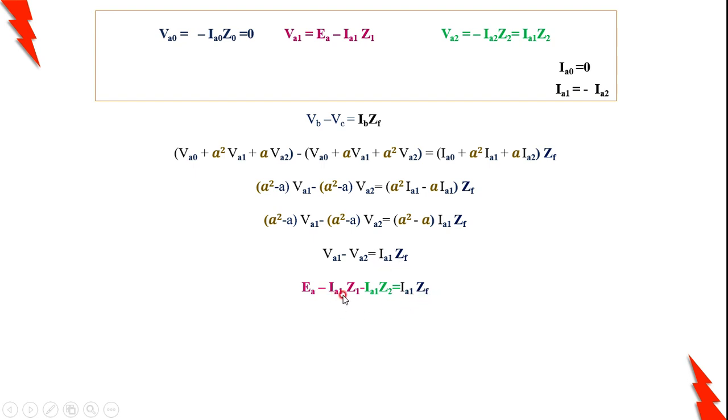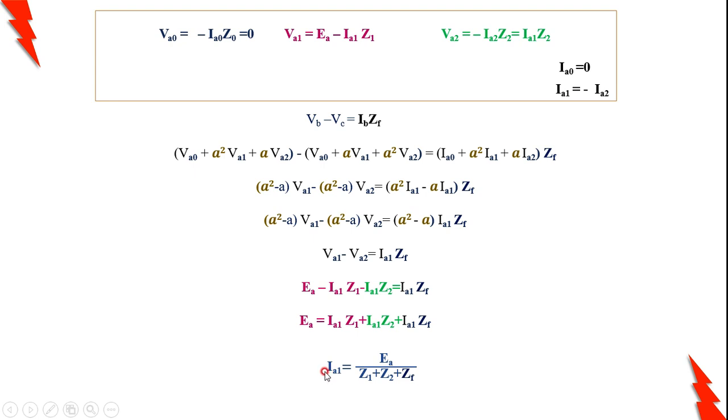Here you can transfer IA1 Z1 and IA1 Z2 to the right hand side, then calculate IA1. The value of IA1 I am getting here is EA divided by Z1 plus Z2 plus ZF. This is the value of IA1. Once I get IA1, I can calculate IA2, that is the minus of this. Minus IA1 is nothing but IA2.